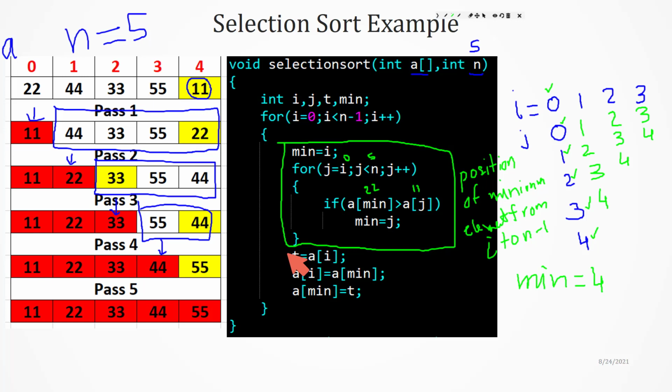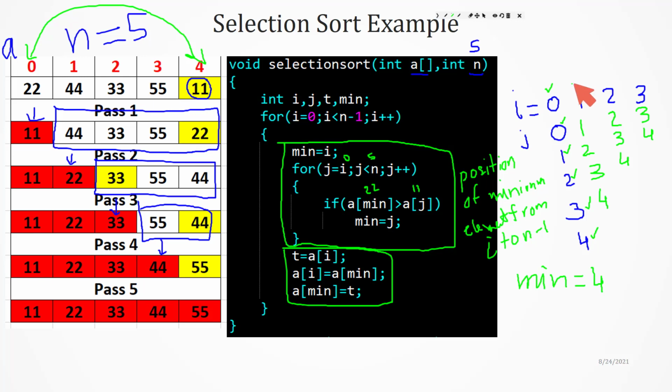So next what happens? Now min is 4. The swap operation will happen, with whom? With i and min. i is 0, so 0 and the minimum element will be swapped. So 11 will come in the 0th position and 22 will go in the last position.